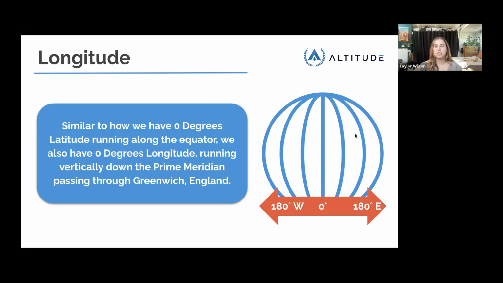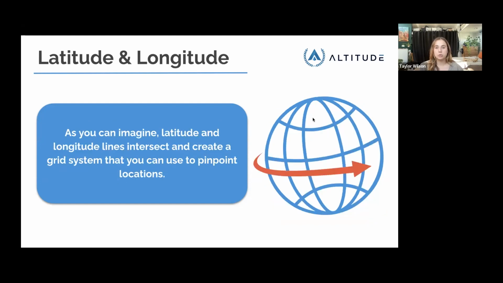Similar to how latitude started at the equator and went up 90 degrees north and 90 degrees south, with longitude we have our 0 degrees running vertically down the prime meridian, which is in Greenwich, England, which is also where we get our UTC or Zulu time from. We start at 0 degrees, and we can move 180 degrees west or 180 degrees east.